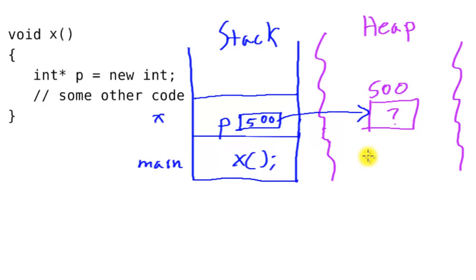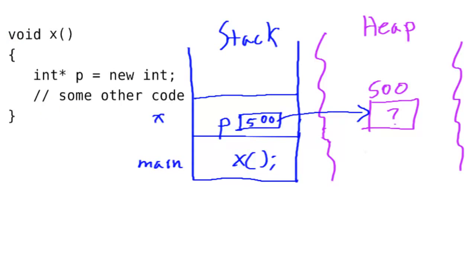So everything looks good. The issue is, if we don't ever perform a delete operation inside of this particular function here, then we're going to end up having this thing left out on the heap, because whenever this particular function terminates, when x terminates, what happens?